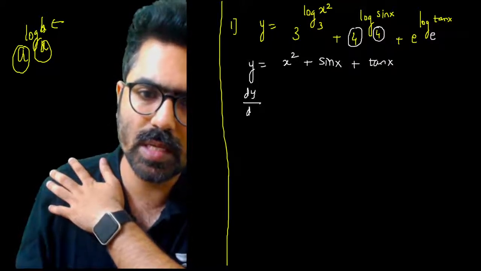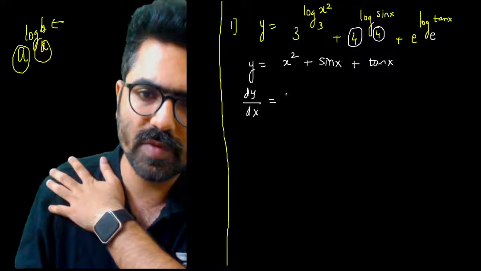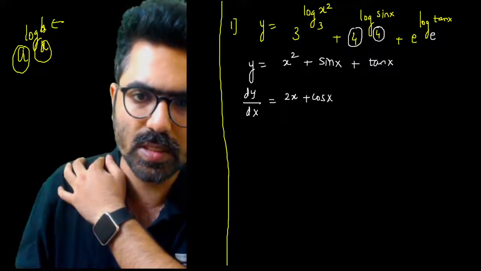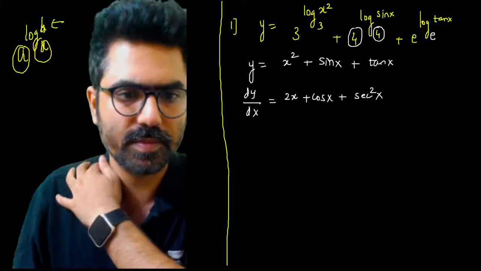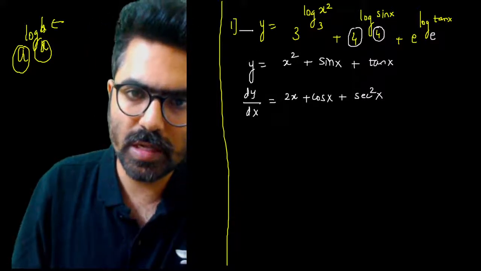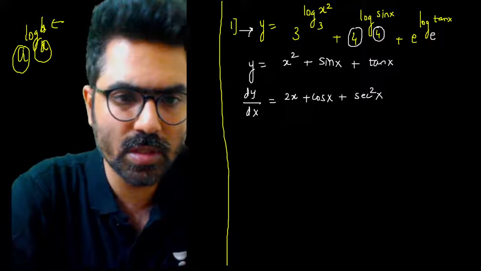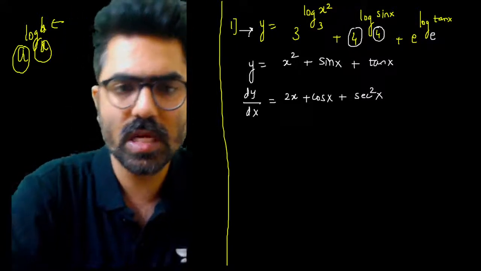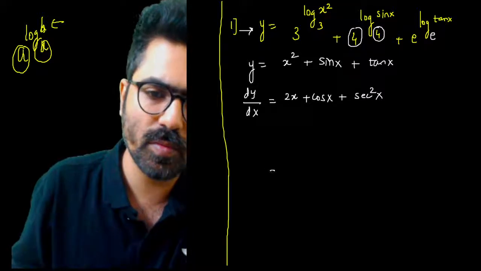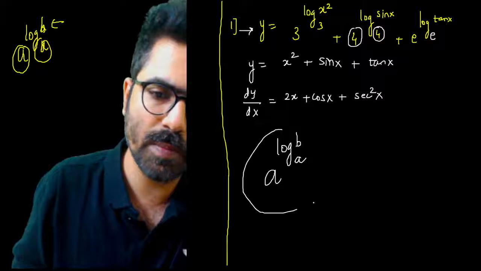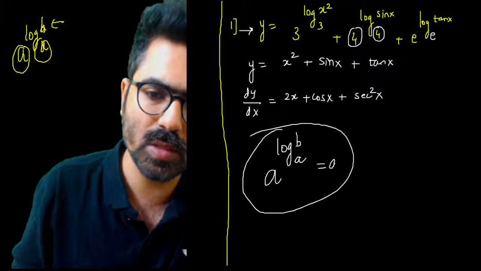So now dy by dx: the derivative of x square is 2x, of sin x is cos x, and of tan x is sec square x. Initially when you look at this question, you think that a logarithm question must be very tough. It is not in that way. You just have to remember a few properties of this type. a के पावर में log to the base a is equal to b होता है.